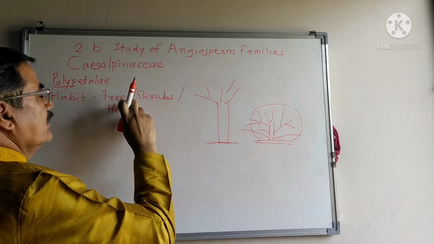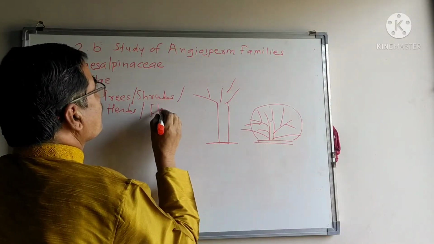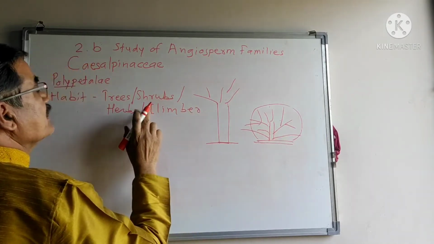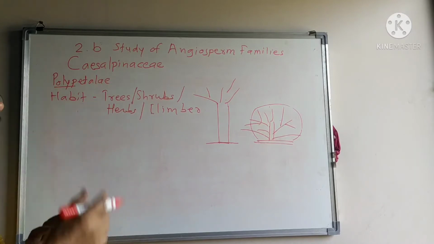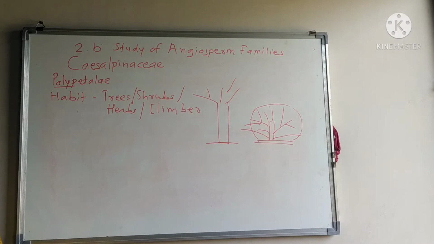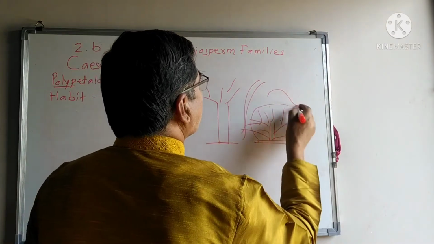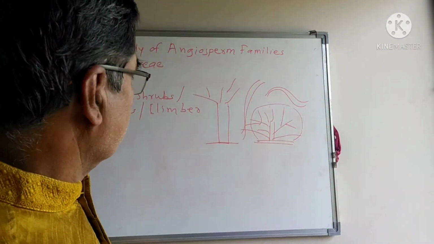The plants are delicate, and some species are climbers. Climbers have weak stems and require support to climb up and grow.